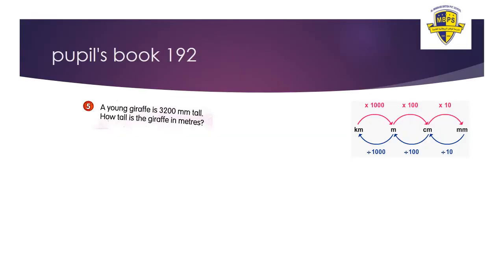So now let's solve example 5, Pupil's Book, page 192. A young giraffe is 3,200 millimeters tall. How tall is the giraffe in meters? I want to convert from millimeters to meters.